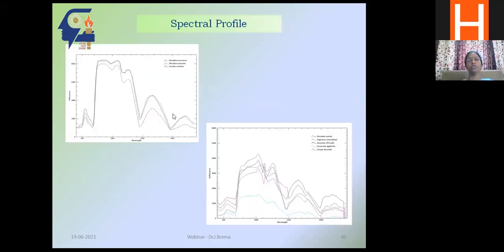Okay, so we try to identify the spectral profile of each of these mangrove species. As I told, I have some 8 species here: Avicennia marina and Ceriops decandra, like that. Each of these has a particular profile. The spectral profile is the reflectance at a particular wavelength of that particular species.